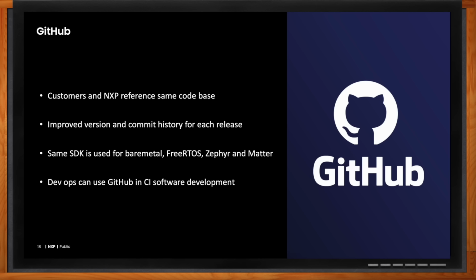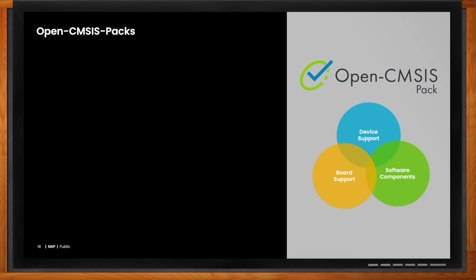So, Kyle, how are Open CMSIS packs improving development with NXP microcontrollers? Well, CMSIS packs have been around for a while. They basically are a package that contains the Cortex-M software delivered out to the different software environments. But what the Open CMSIS pack is doing is it's really an alternative method to delivering software in an archive pack.